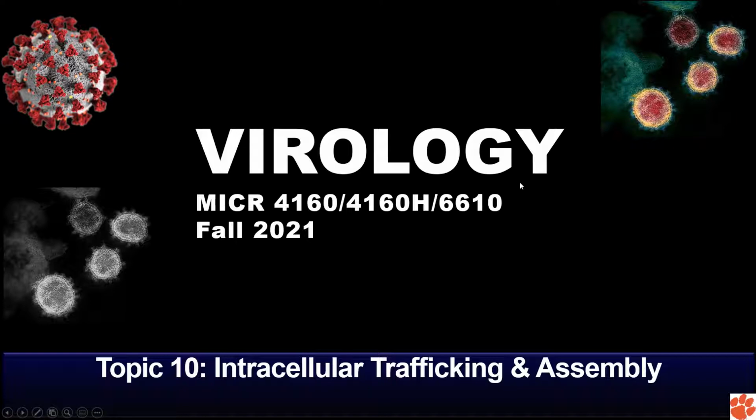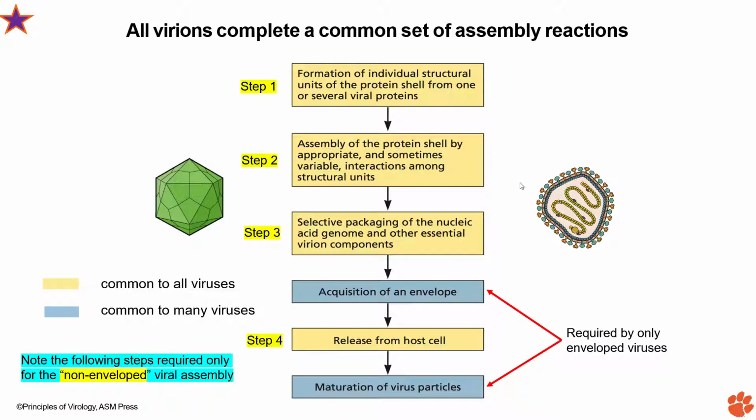All right, so the first one is the virions, complete common set of assembly reactions. So just make sure what is being asked. If you are being asked what are the steps for the assembly of a non-enveloped virus, I clearly mentioned this one, and you see that only the yellow steps are needed.